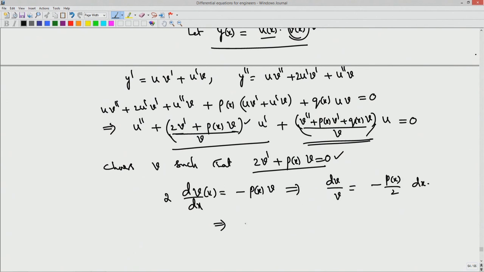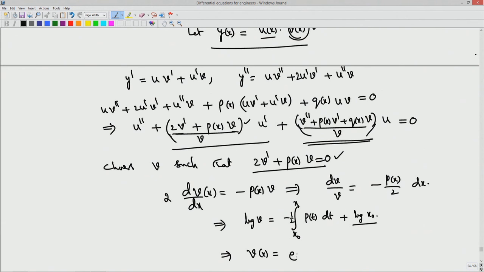So, log V equals minus integral of one half p t dt from x naught to x, and there is an arbitrary constant, log V at x naught.